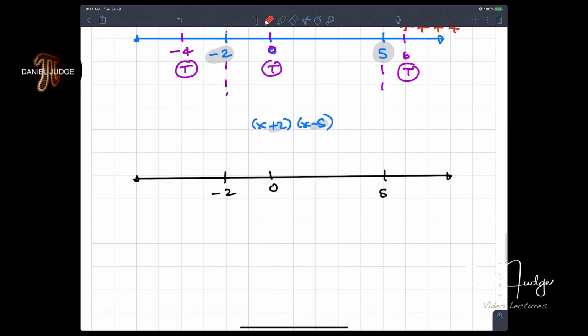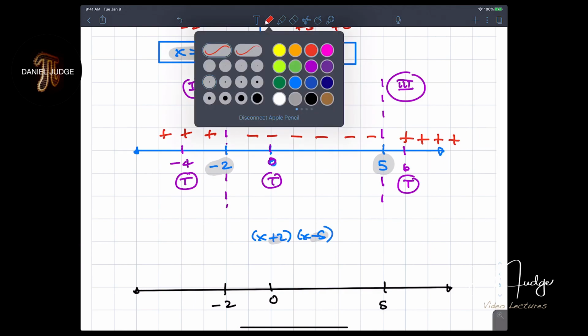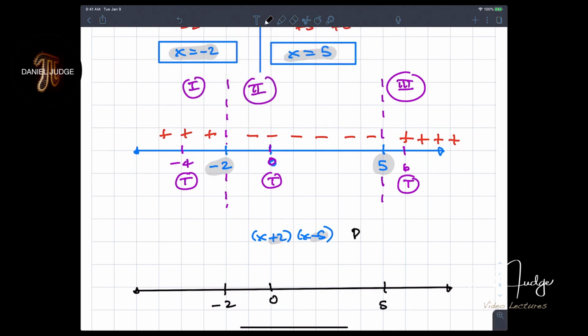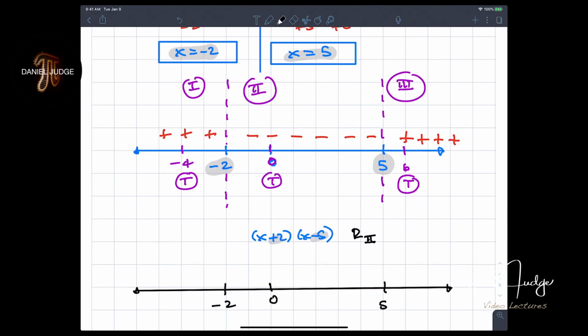So, which regions are negative? That's simple. Region 2. But you have to know, what is region 2? Region 2 are the numbers between negative 2, ladies and gentlemen, and positive 5.